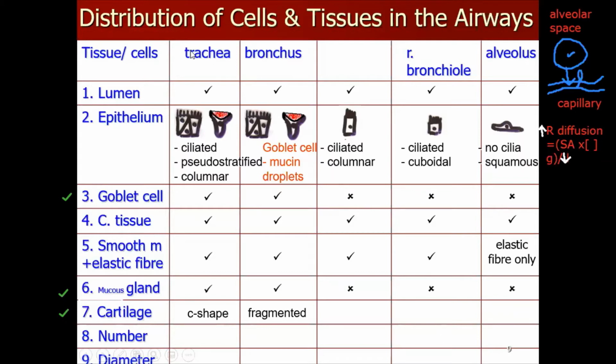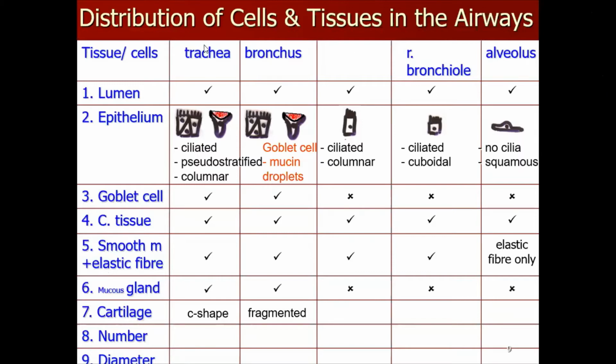Also, the ciliated pseudostratified columnar epithelial cell is only found in trachea and bronchus, same as goblet cell, mucous gland, and cartilage. That's how you remember which airways contain which tissue.